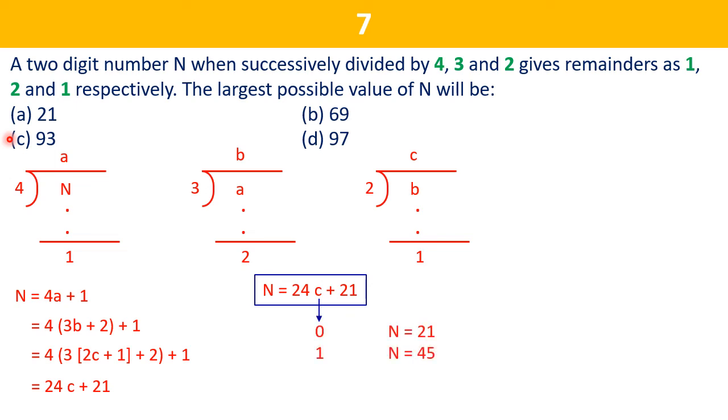If I take c equal to 1, n will be 24 plus 21, that is 45. If I take c equal to 2, n will be 24 into 2, that is 48, plus 21, which is equal to 69. And if I take c equal to 3, n will be equal to 93. So 93 is the largest possible value of n, a 2-digit number. Hence option C will be the right answer.